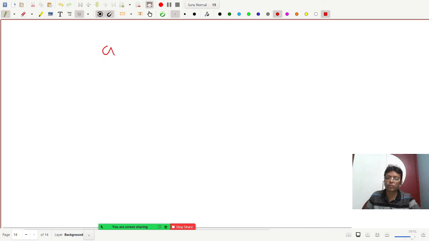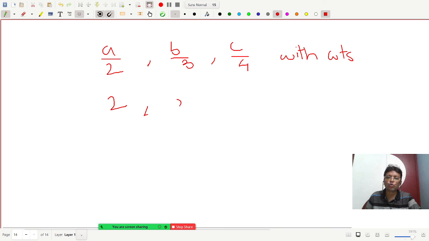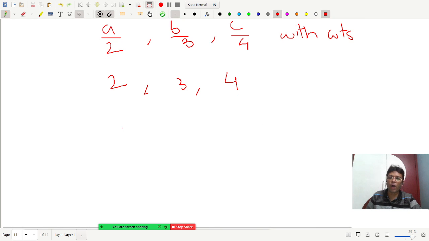So I'm considering three numbers, a by 2, b by 3 and c by 4, with corresponding weights or frequencies 2, 3 and 4 respectively. Now I am applying weighted arithmetic mean greater than or equal to weighted geometric mean.